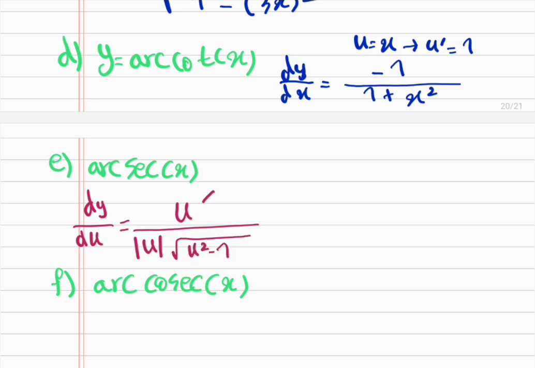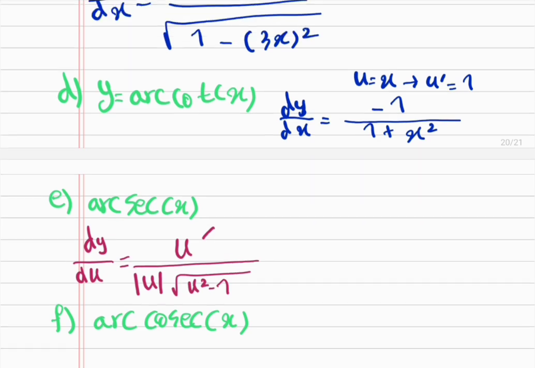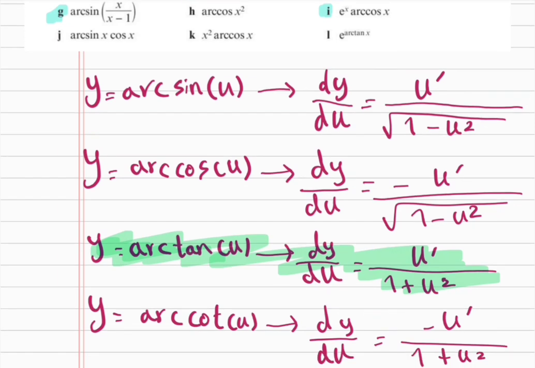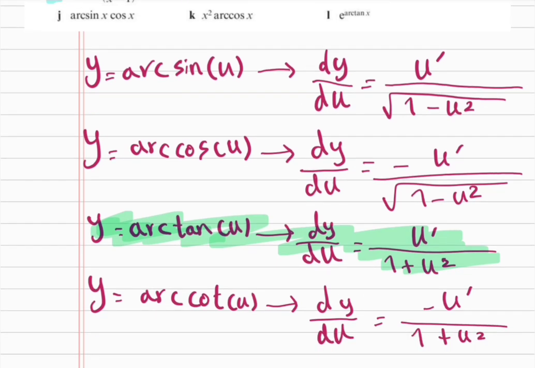This is similar to arc sine, but obviously we have an additional term, which is modulus of u, in the denominator.